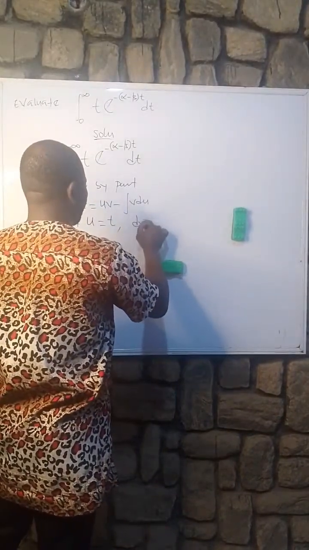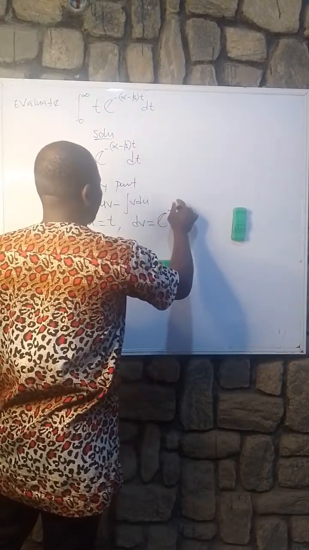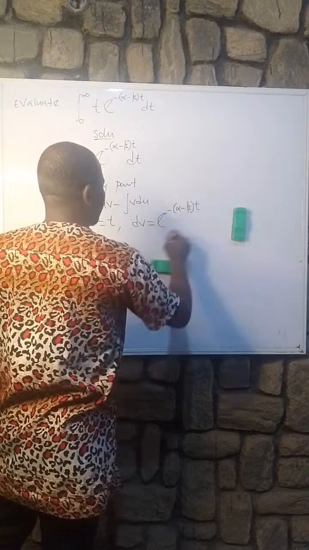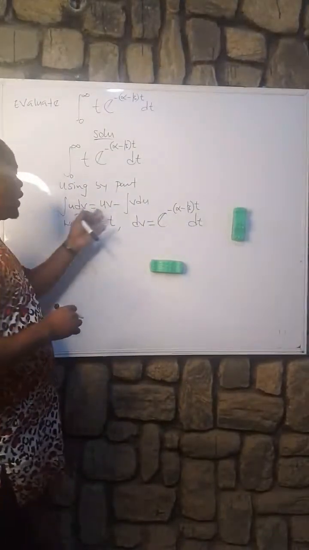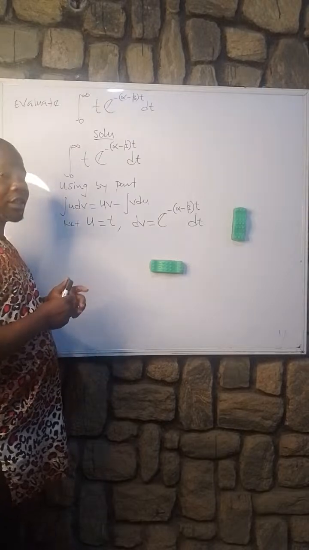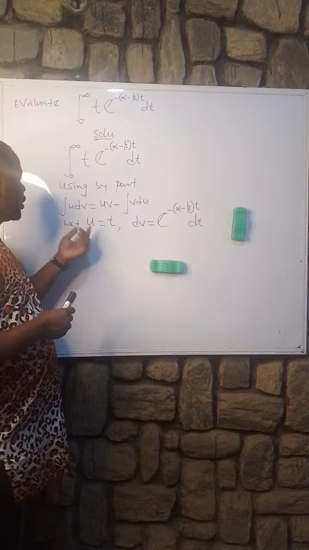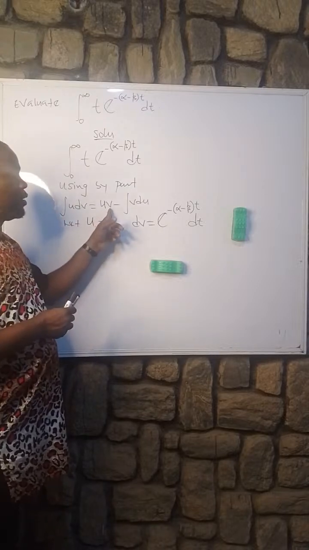So our dv will be equal to exponential minus alpha minus beta t dt. Inside the integration by parts, we have the ordinary u, we also have the ordinary v. We've gotten our ordinary u as t, but we've not gotten our ordinary v.